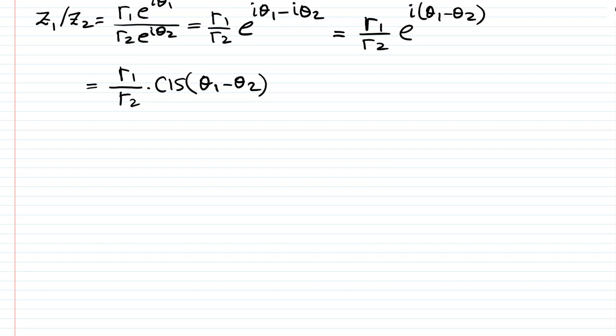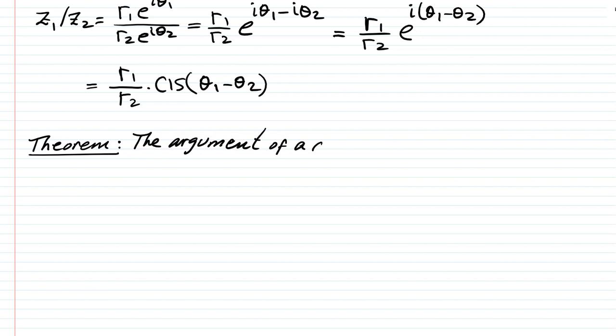Now, this is an interesting theorem. Let me state this theorem for you. There is a theorem here that says that the argument of a complex number is periodic. Let me write that in words, actually, what I just said. I just said that the argument of a complex number is periodic.